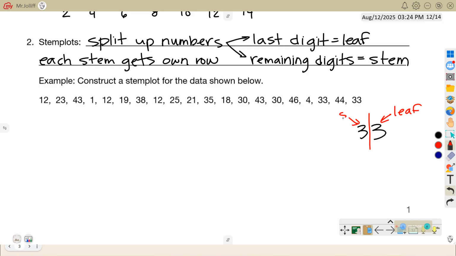This guy is my stem. 33 has a stem of 3. It's going to be in the same row with all of the other numbers who also have a stem of 3. 34, 36, 32, 31. All of them have a leading digit of 3. They all go in the 3 stem.